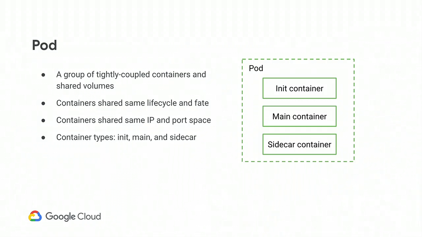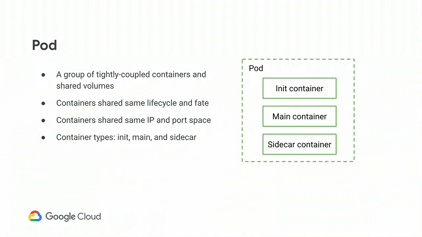Now, let us have a view at the basic building blocks of Kubernetes. In Kubernetes, we have this concept named pod. A pod is basically a group of tightly coupled containers belonging to an application and the shared volumes. We group all the containers of an application together and also the necessary underlying volumes between this pod.